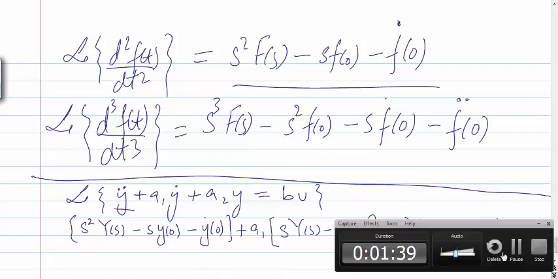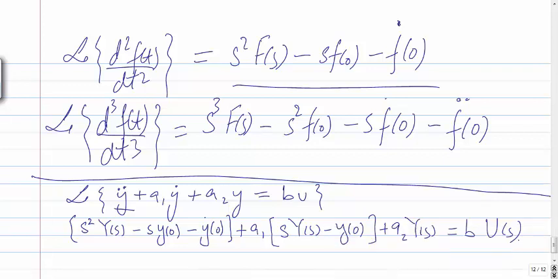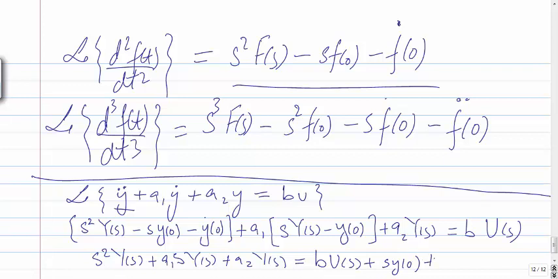If we rewrite this whole equation, it becomes s square Y of s plus a1 s Y of s, plus a2 Y of s is equal to b U of s plus s y of 0 plus y dot of 0, plus a1 y of 0.